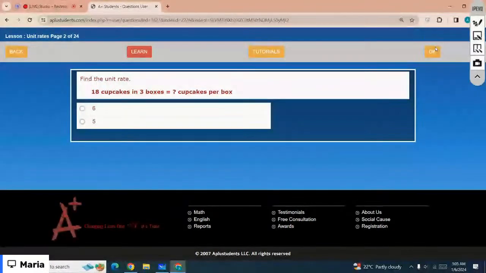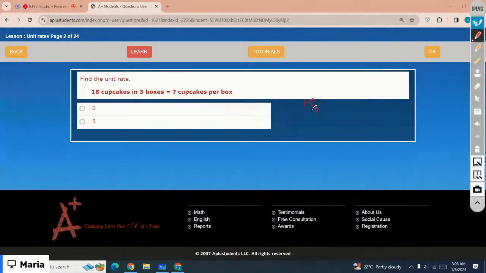Okay, find the unit rate: 18 cupcakes in 3 boxes. So you have 18 cupcakes in 3 boxes. You have to calculate how many cupcakes in one box, right? So how do you calculate? You need to calculate the cupcakes in one box. You have to divide 18 by 3.